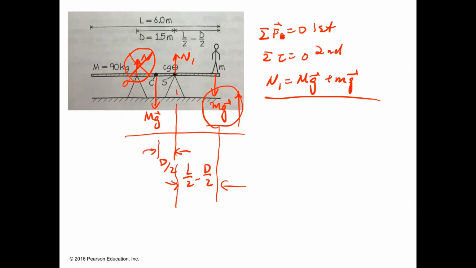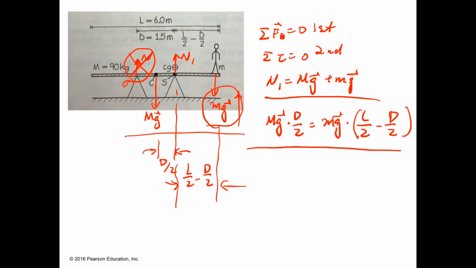So to balance this out, we need to have Mg times d over 2 equal to mg times L over 2 minus d over 2. That's the condition. We basically have m equal to, the g will cancel out, M times d over, we can cancel out the 2 as well, L minus d.